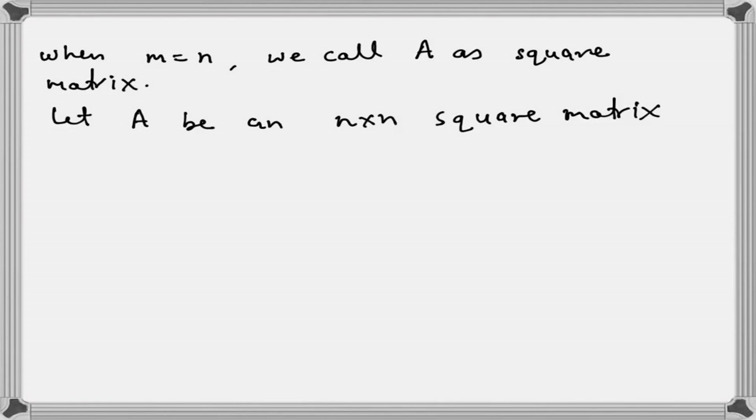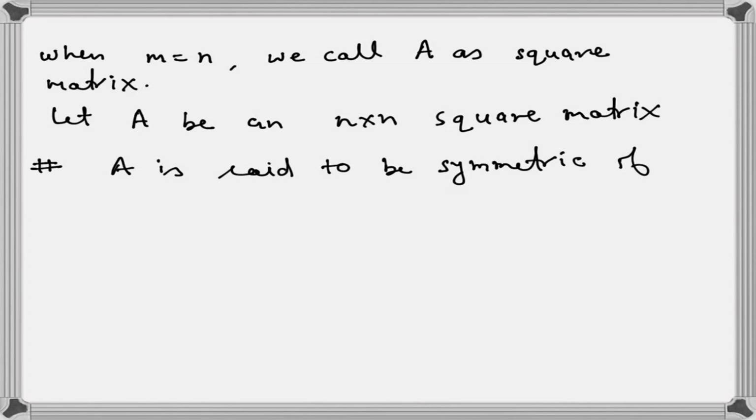Then A is said to be symmetric if A transpose is equal to A. So that is, Aij is equal to Aji for all i, j.